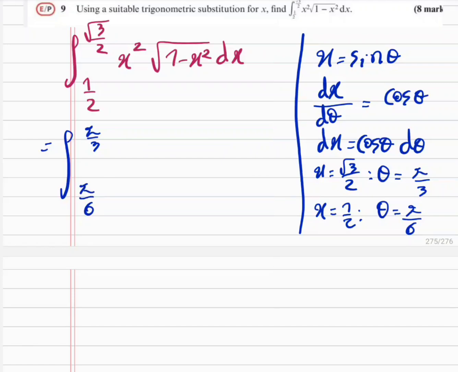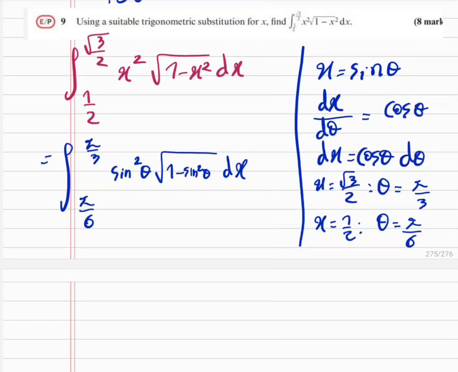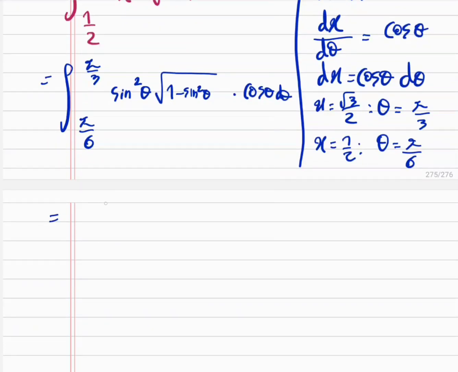Now, we said x is equal to sine theta, so here becomes sine squared theta, and then here is 1 minus sine squared theta, which is essentially cos squared theta. And also for dx we substitute cos theta d theta. Okay, so let's simplify this.